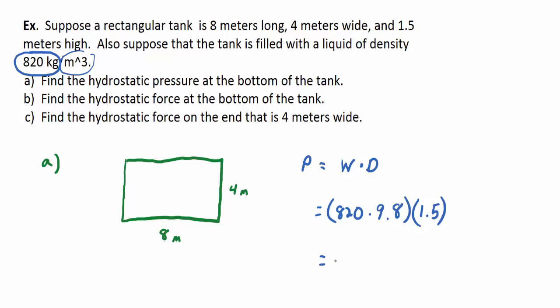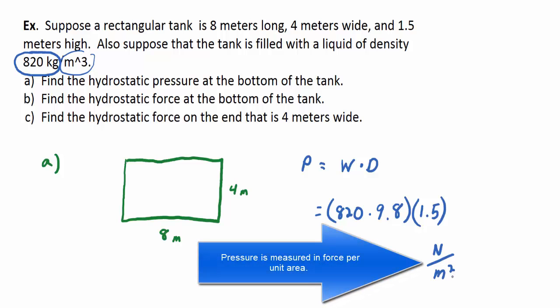You could do the unit analysis or just realize there's only a couple of different choices. The units are always force per unit area. In the last example, we were in American units, so it was pounds per square foot. So what would it be here? We know it's going to be in newtons, so before we do the calculation, newtons per square meter. And if you actually run through the unit analysis, you'll see that that's true.